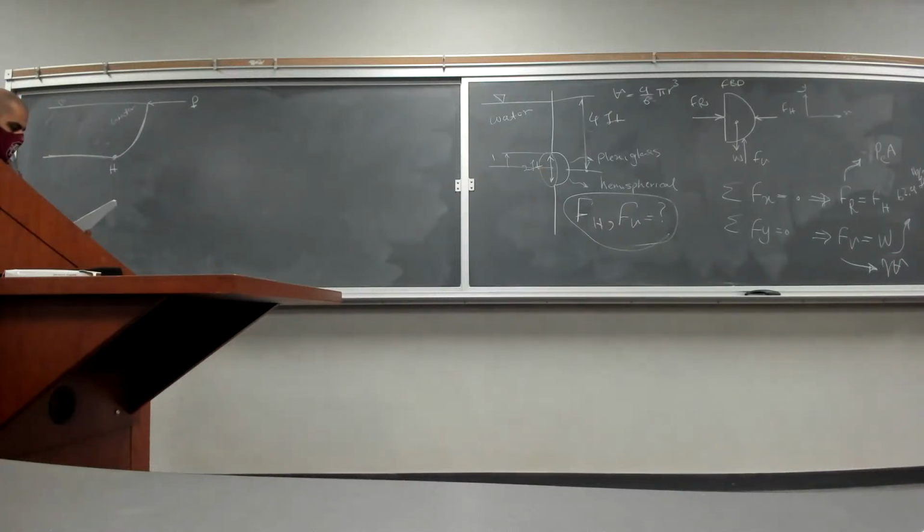Okay, and let me see. You need gamma of water, of course, 62.4 pounds per cubic foot. And what else do we need? I guess that's it. The radius here is 6 feet.